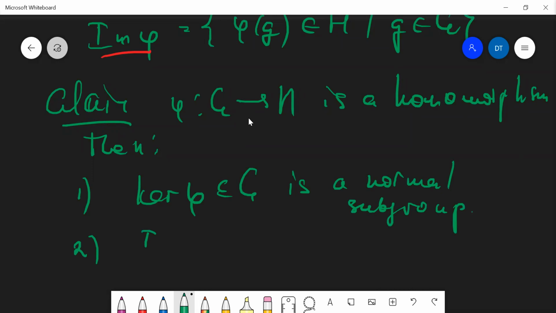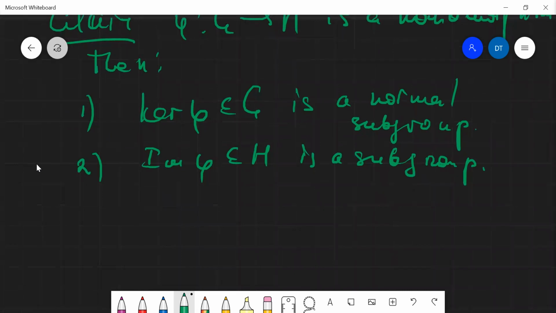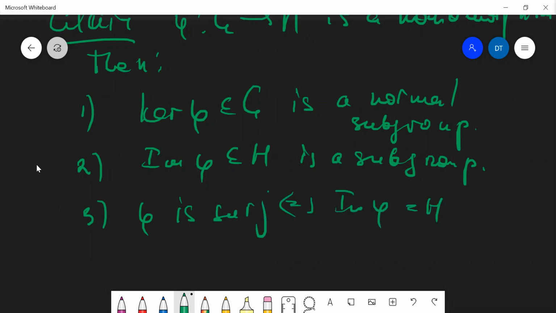The second, the image of phi is a subgroup. Then number 3, phi is surjective if and only if its image coincides with H. Well, this is probably one of the most stupid items here.